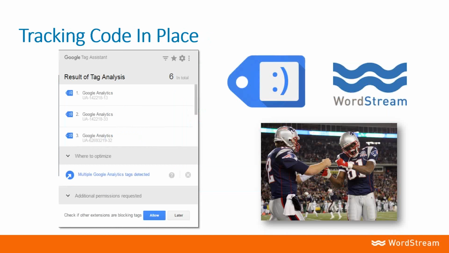To ensure that everything is working correctly, I would recommend that you download the Google Tag Assistant Chrome plugin. Basically, this is just a friendly little dude that hangs out in the corner of your browser, and it'll tell you if your code is implemented correctly, if it's firing, and if there are issues. Sometimes it will tell you what they are and how to fix them.